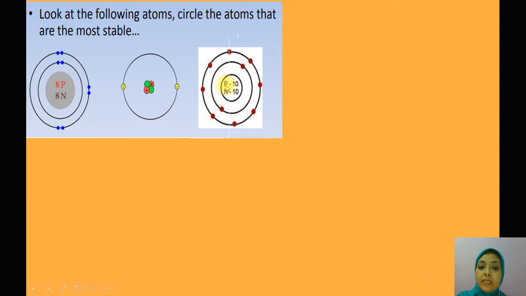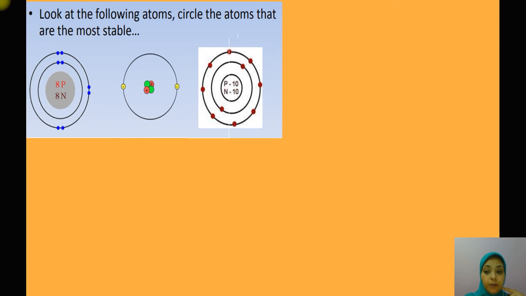And we have 8P with negative 10 and 8N. Okay, and we have 2 electrons in the first energy level, and we have 1, 2, 3, 4, 5, 6, and 7 for the second energy level. Which of them has more stability?